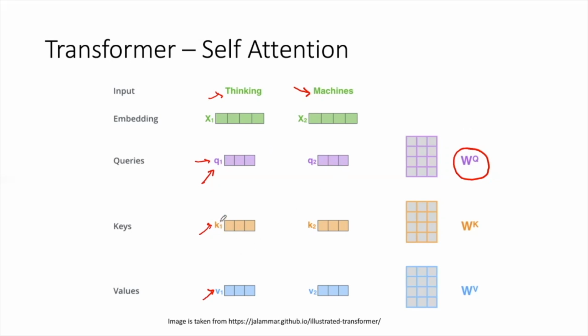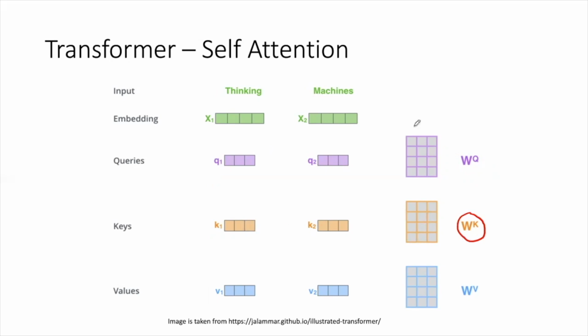Similarly, the key vector and value vector are generated by multiplying the same input x1 with different weight matrices. Here we have a key weight matrix that generates a key vector.